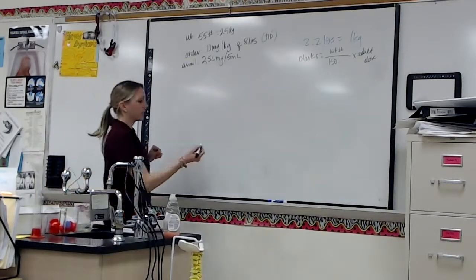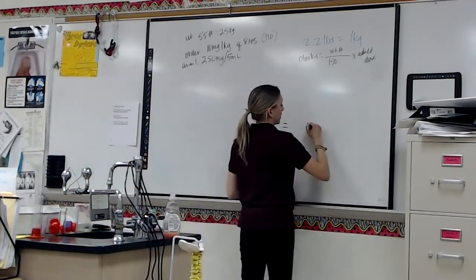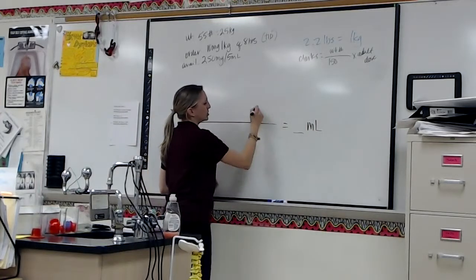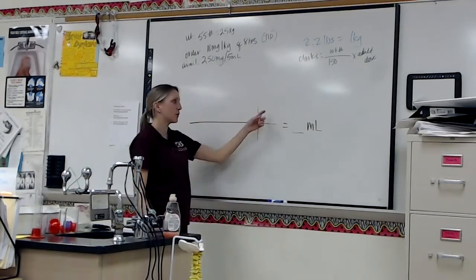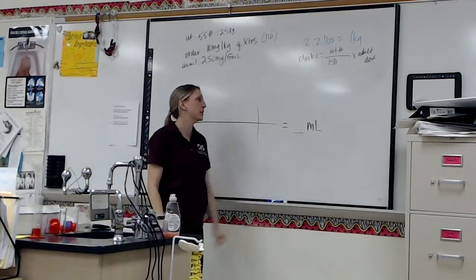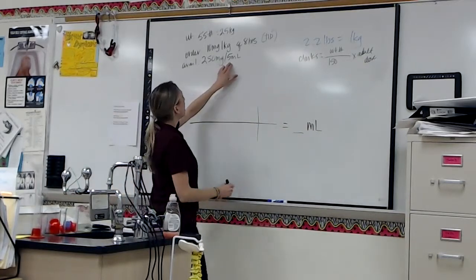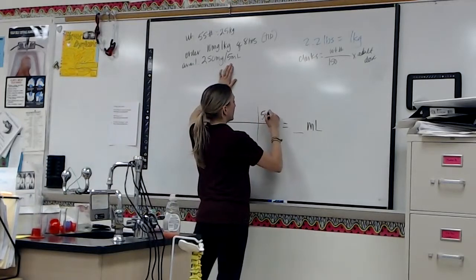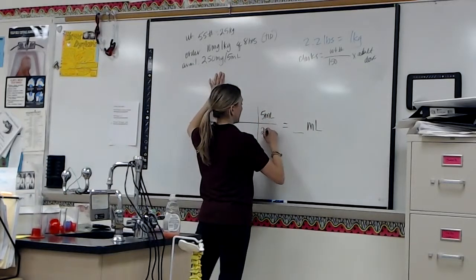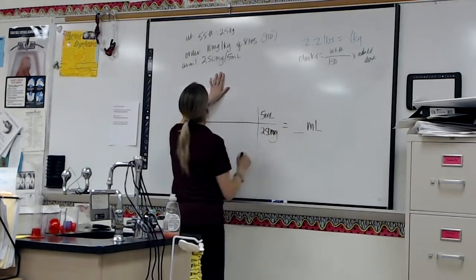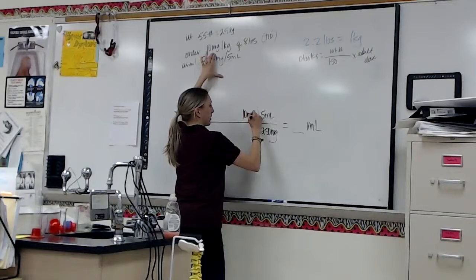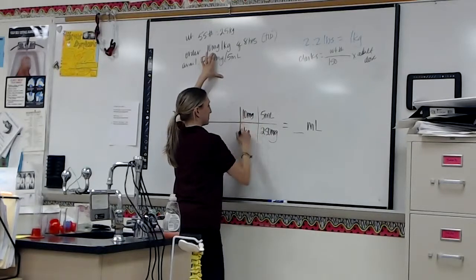So volume. I can put my milliliters over here. That's what I'm wanting to know. And remember, I always kind of go backwards to start with my milliliters on top, so I want to make sure that's what ends up over here. So I know the only thing up here that I've got for milliliters is this 5, so 5 milliliters. There's 250 milligrams in that. I know that there's 10 milligrams for every kilogram. Also, my milligrams here.